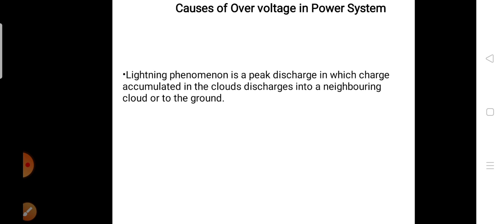So first we'll go to the causes of overvoltages in power systems. Here we'll be studying the natural causes. As we know, the lightning phenomenon is a peak discharge in which charge accumulated in clouds discharges into a neighboring cloud or the ground.